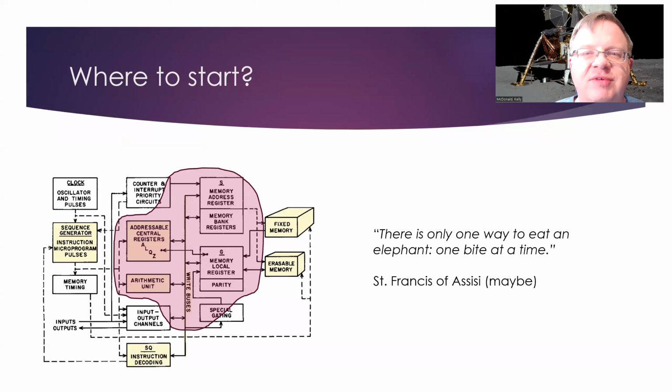Because we don't have the core rope modules that Apollo used, some of the complexities around memory timing, amplifiers and senses, we just don't need to worry about. The modern technology will take care of that for us. But we'll still at least understand some of what the timing looks like, as to how we interface between how the computer is designed to operate and the technology that we're going to use to implement it.